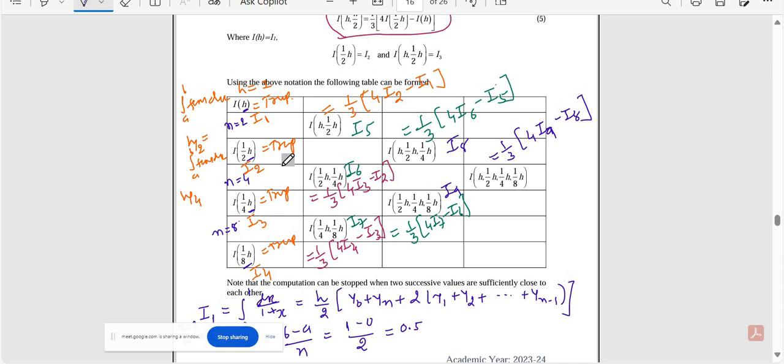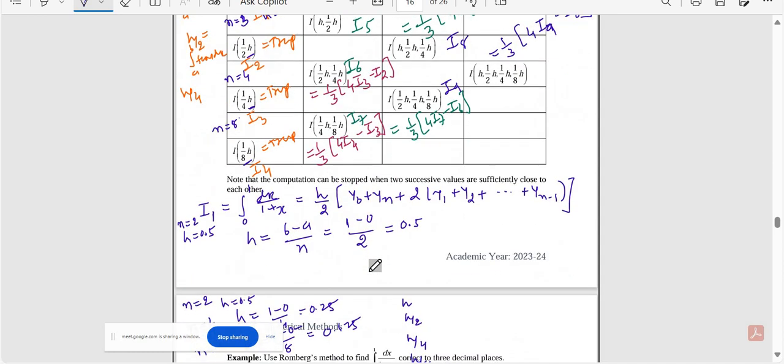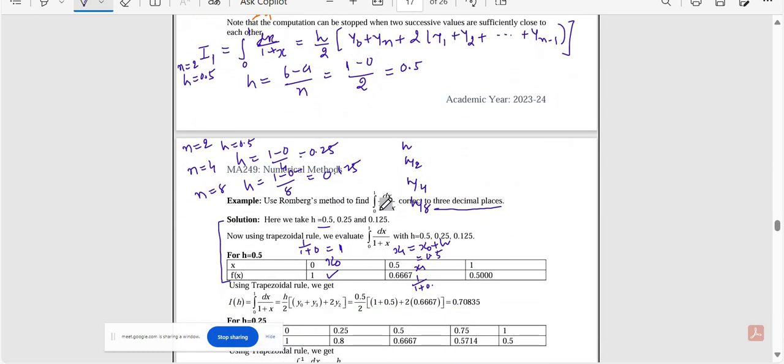Why are we taking n is equal to 2 in the first case? Is it just an assumption, or is that how it is always? You can take n is equal to 3 also, but at that time your h will be changed. The initial value of n will be defined as per your given data.